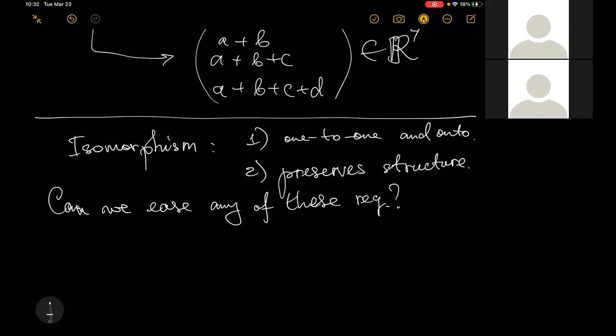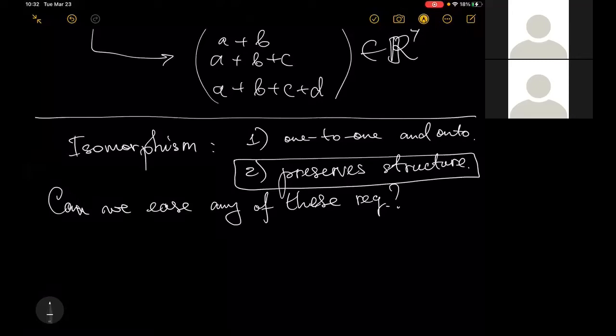For example, some nonlinear maps, right? Okay. So if you remember, we use this condition a lot, right? This preservation of structure and so on. So we use it a lot. So let us suppose that it stays.